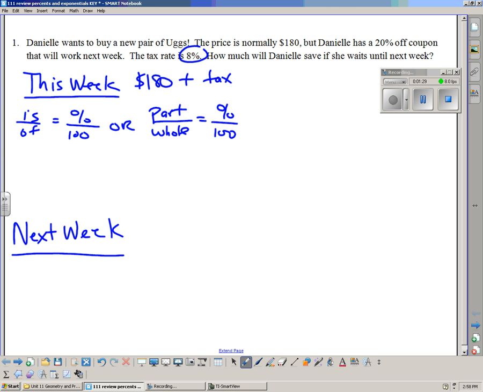So let's see. We have the part is the tax. So I'm going to write x over the whole is 180 equals my percent, which is 8 over 100. And cross multiply. 100 times x is 100x equals 180 times 8.